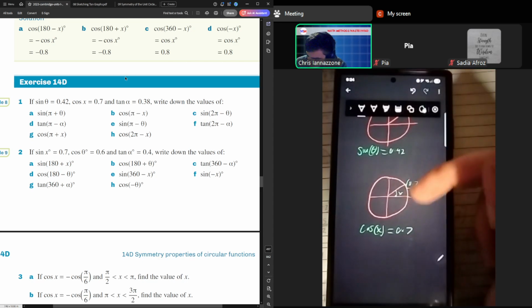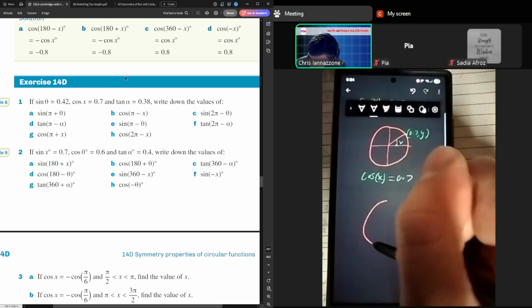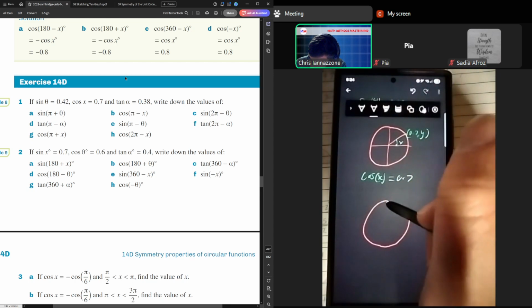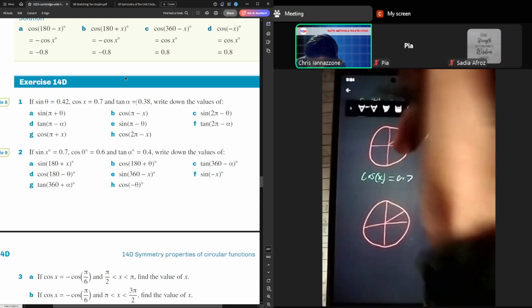And then a weirder one, tan. As long as you do something that makes enough sense to set up this coordinate, I'm fine with it. There's a couple of ways you could do it.